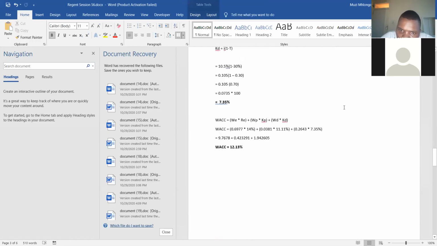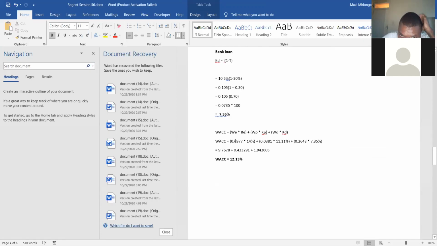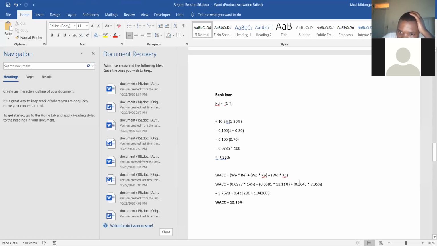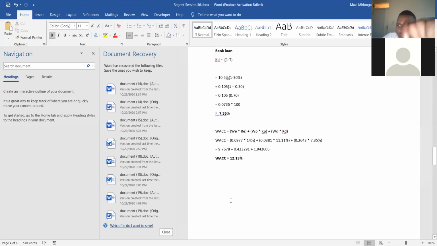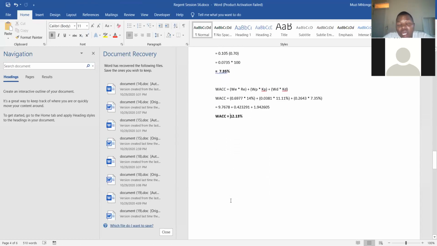We take that weight over there, and then you come here: 0.6 multiplied by 14%, plus 0.2 for preference shares multiplied by 11%, and then 0.2 multiplied by 7.3%. You work that out and you get the final answer, which is the weighted average cost of capital, and then you are done.